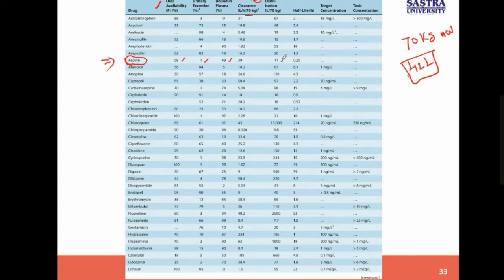We defined the volume of distribution, and I gave an example.